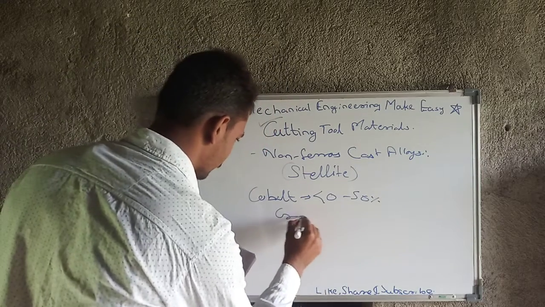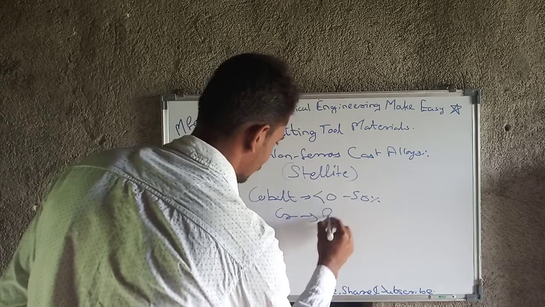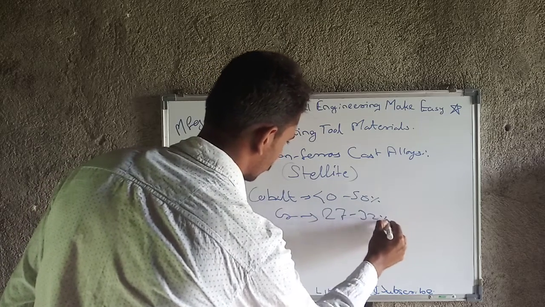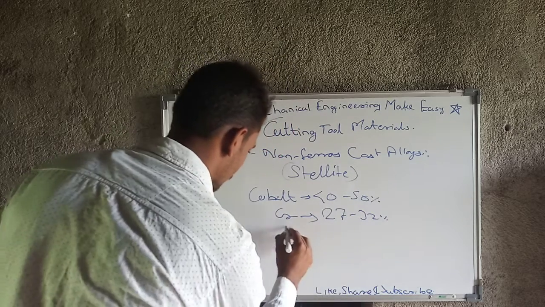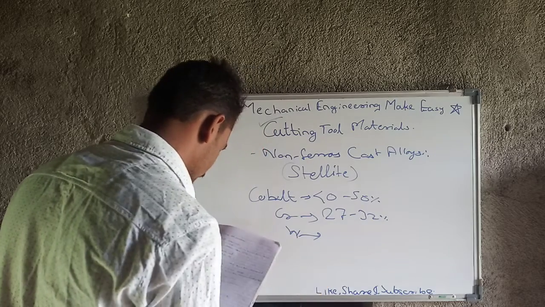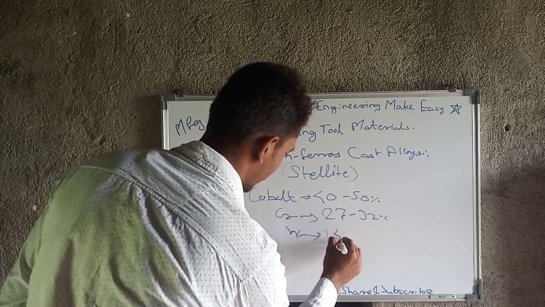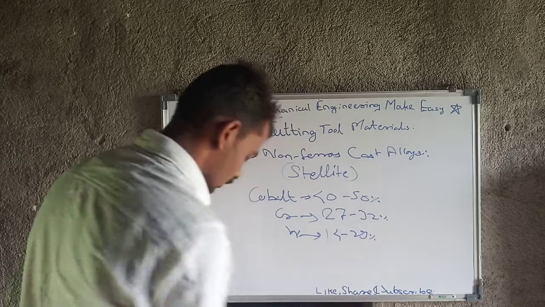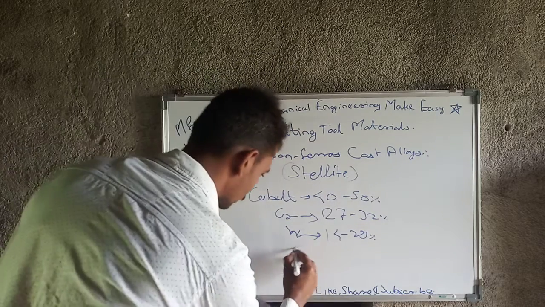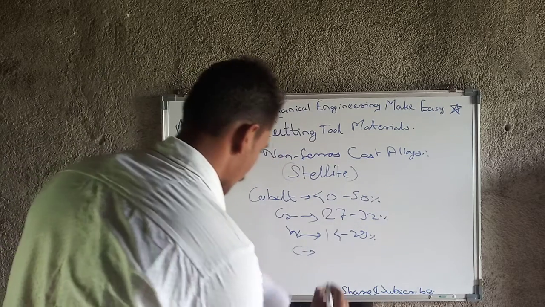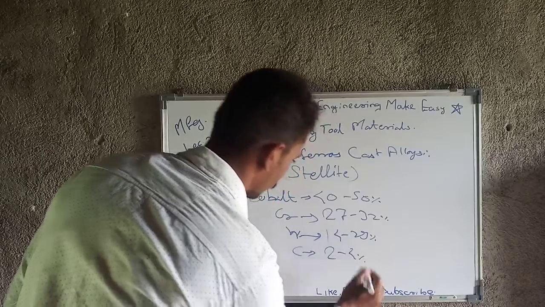Then chromium will be 27 to 32%. The next element is tungsten, 14 to 29%. Then carbon, nearly 2 to 4%.